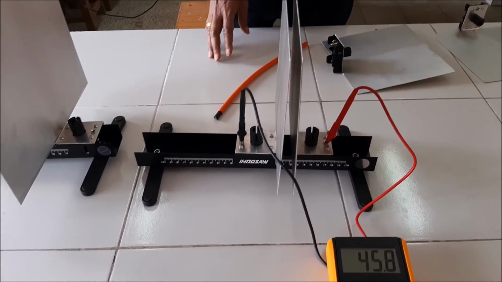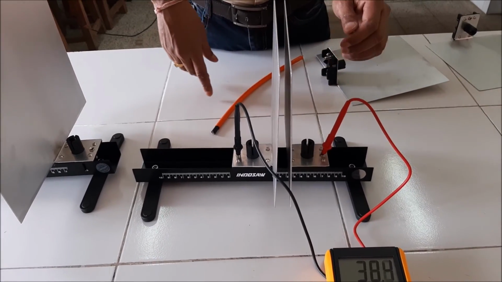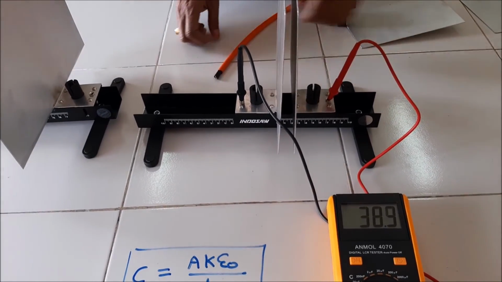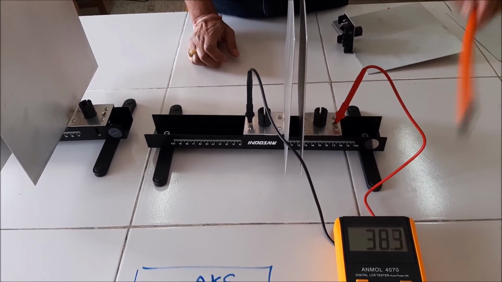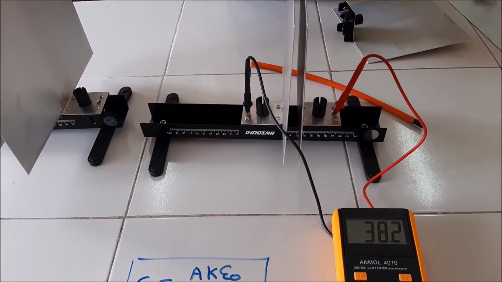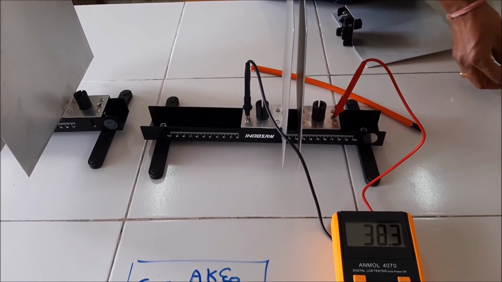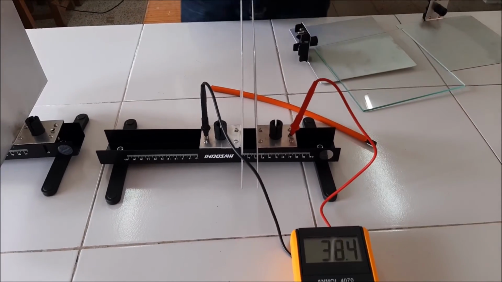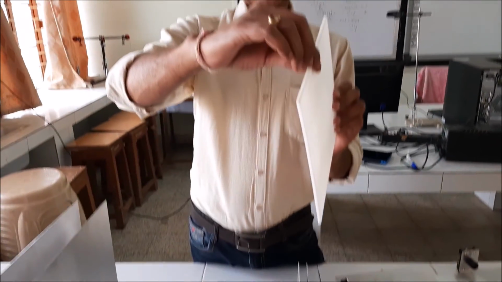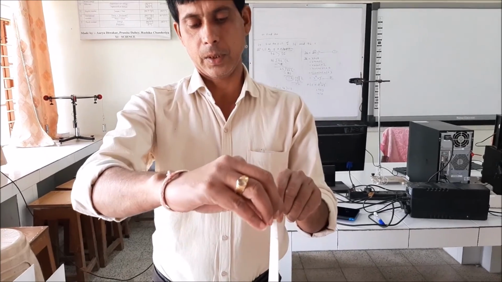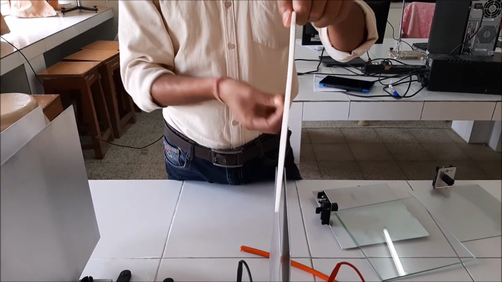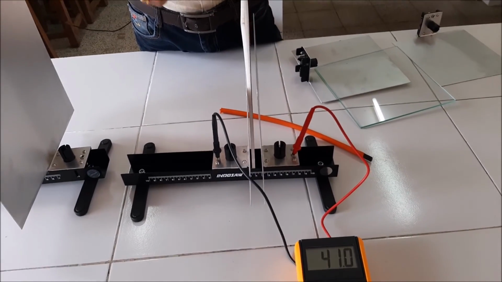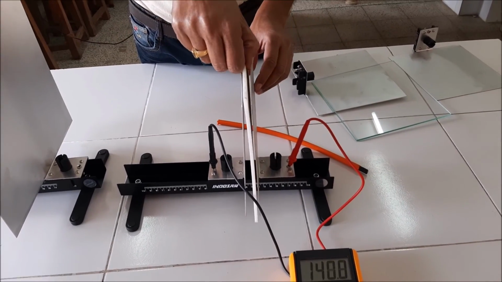Now, when we put the dielectric media between them, its capacity should increase. In this situation, the capacity is 38 point something. We have two dielectric media. It is a plastic sheet. When we insert this plastic sheet, that means the dielectric medium, between the plates, then what we observe?